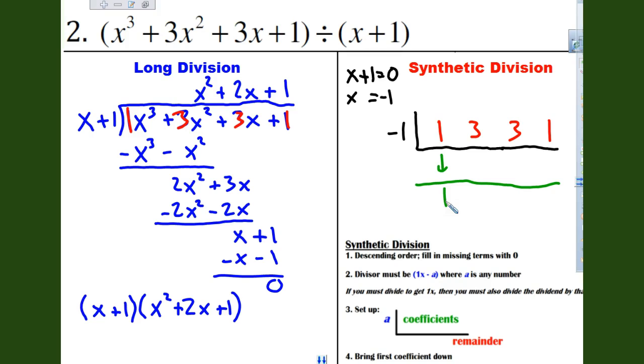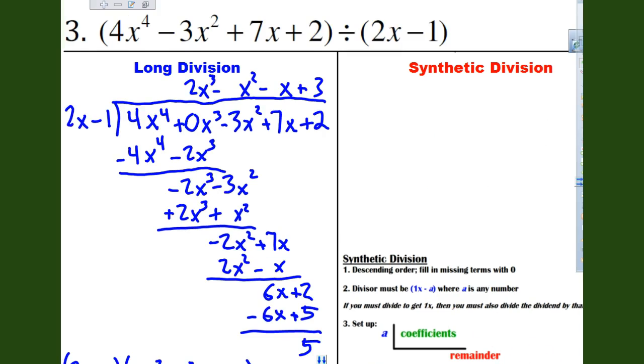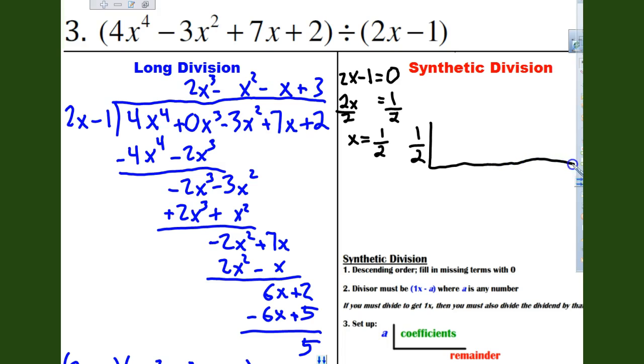All right, do it one more time on number 3. So now we have 2x minus 1 equals 0. So that means 2x equals 1. And divide both sides. So x is 1/2. So we'll use 1/2. Now, what number should I use here?